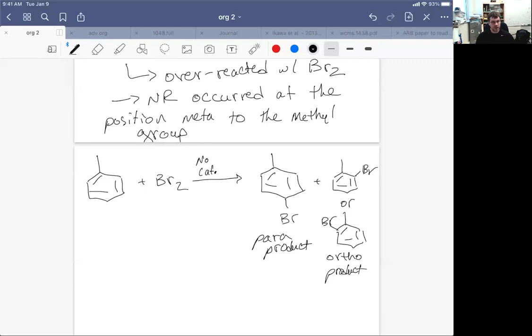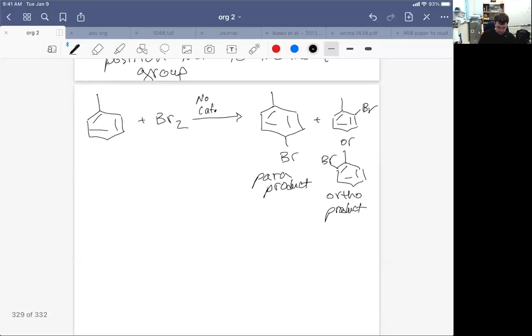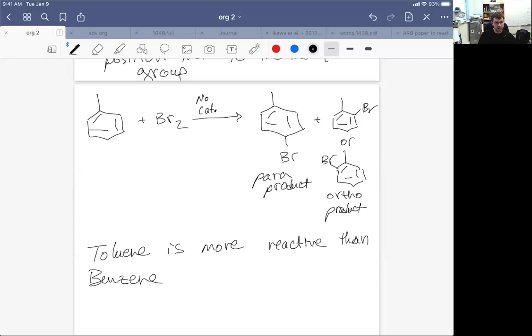So what can we say or conclude from this outcome? We could first say that toluene is more reactive than benzene. Okay, so toluene is more reactive than benzene.